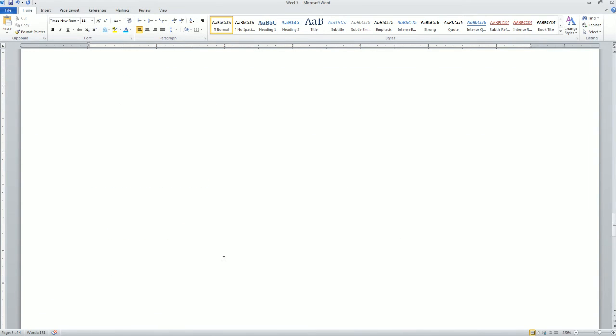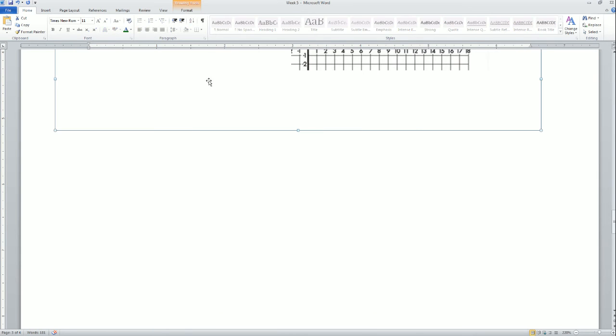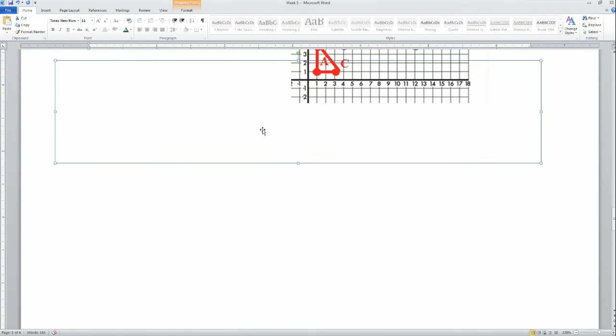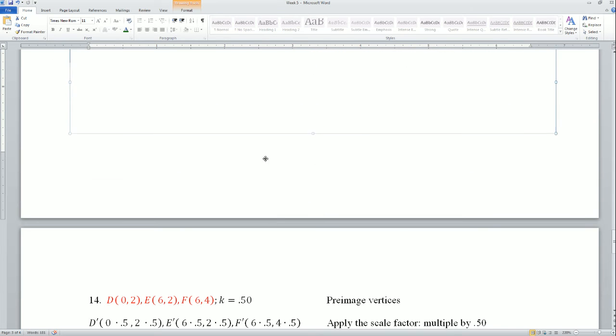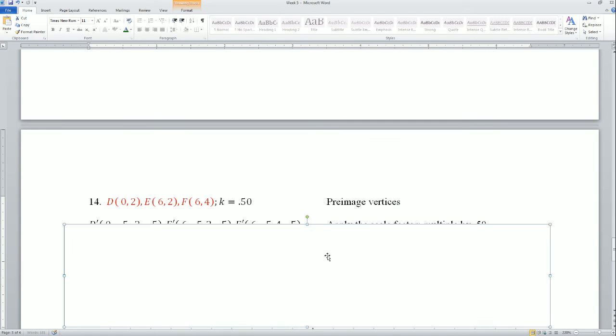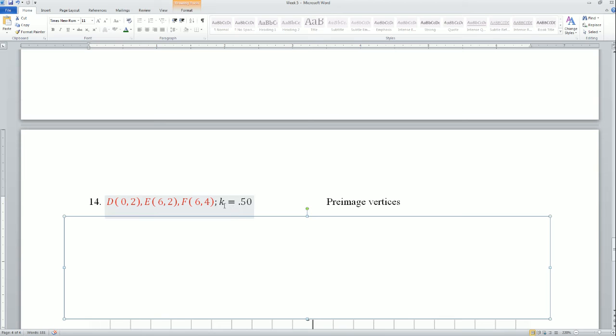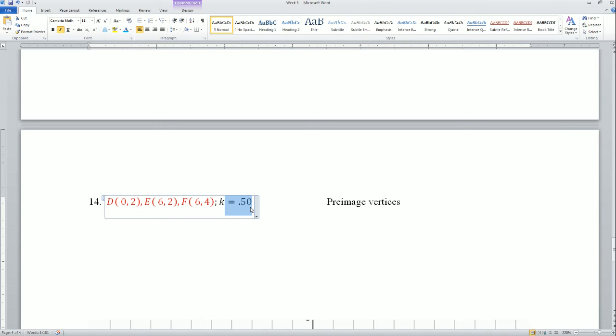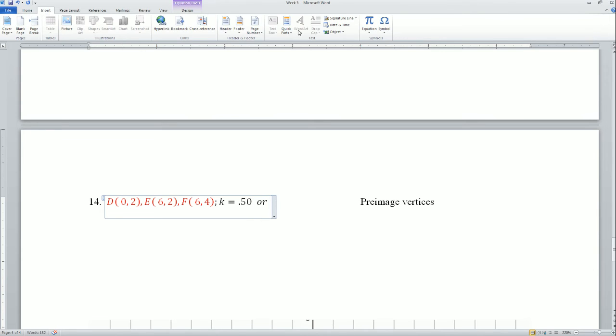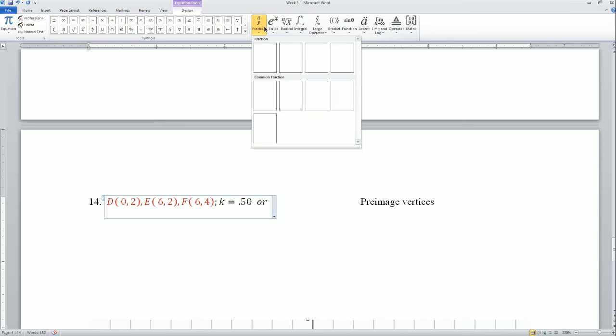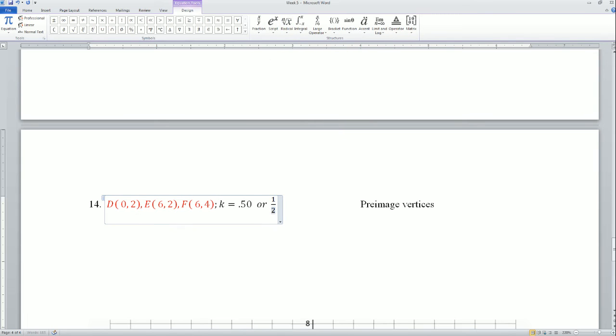Next problem, 14. Same thing. This time the scale factor here is 0.50, or you can think about this as 1/2.